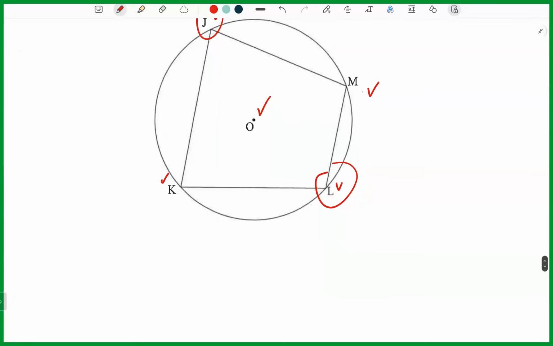So to do this one, we first perform a construction. The construction goes as follows. So you proceed to draw KO and MO.